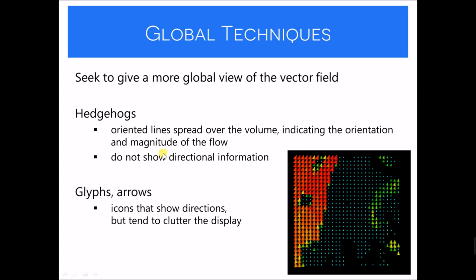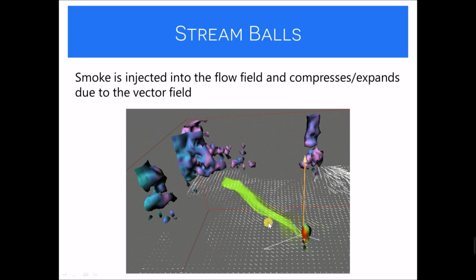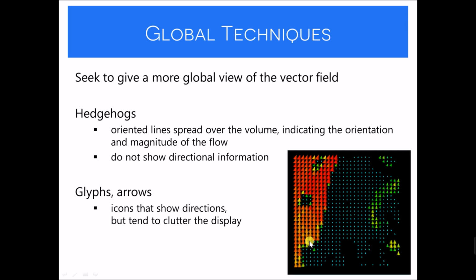Hedgehogs essentially are oriented lines that spread over the volume. For example, these are hedgehoggy kind of looking things, right? You don't really see the direction that well. You see the orientation, but you don't see where the direction is. There's no arrow on it.